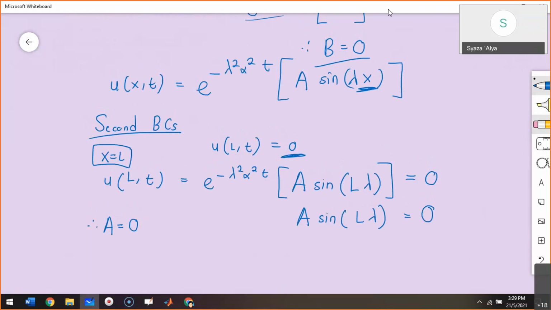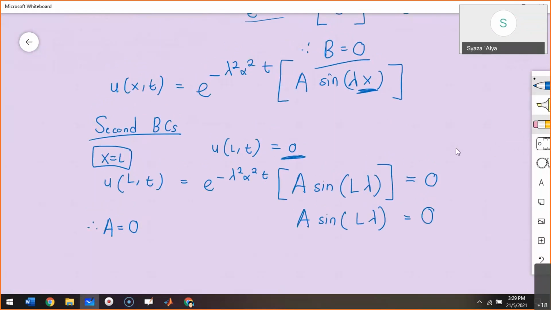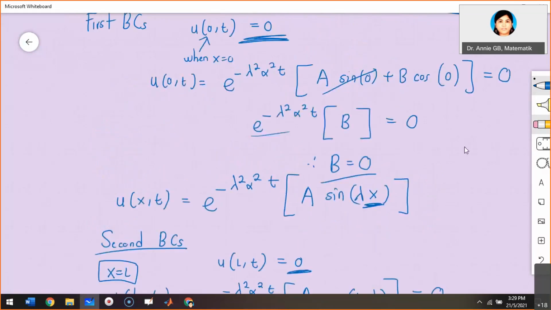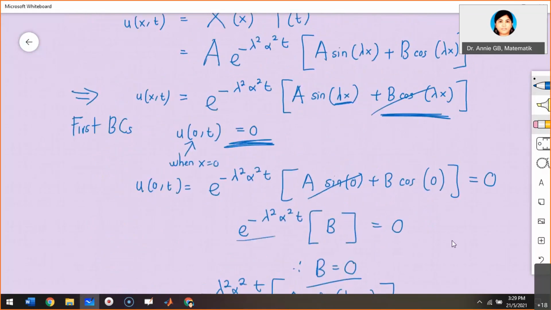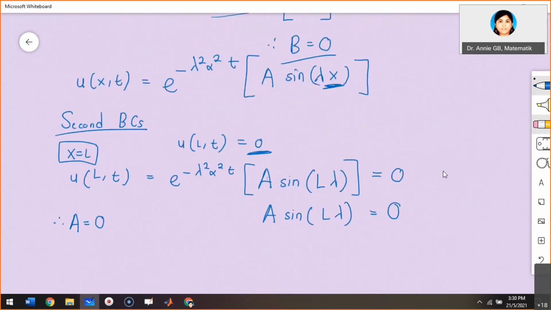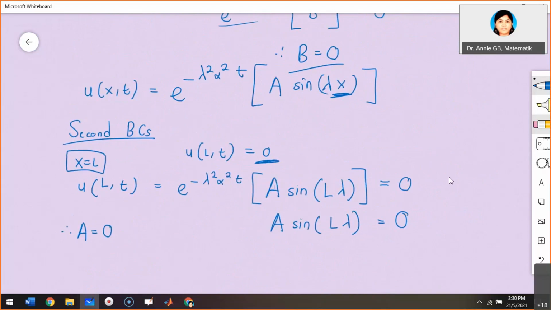Kalau A tu sama dengan kosong, kita tak dapatlah cari lambda tu sama dengan apa. Okay, thank you Syazah. Kalau A sama dengan kosong, kita tak boleh cari apa-apa. Okay, actually kalau look at the solution here, yang lepas B sama dengan kosong, this is what we get.